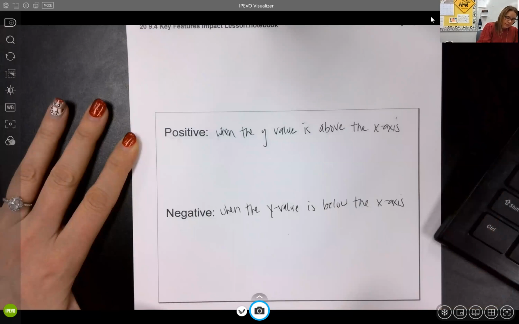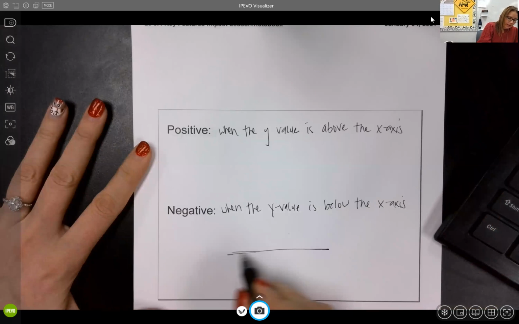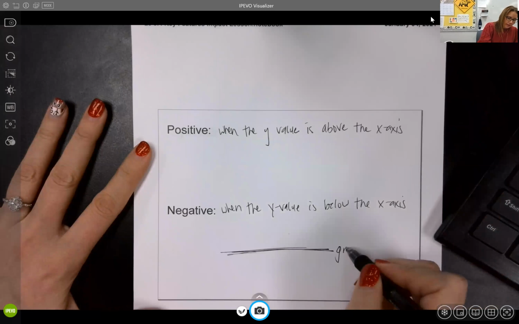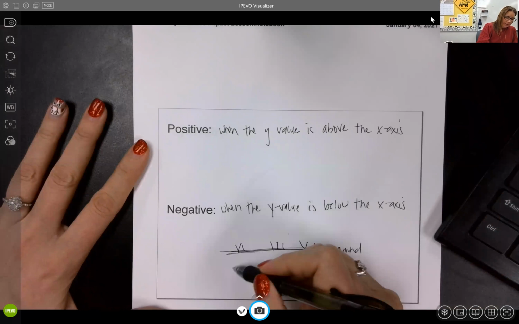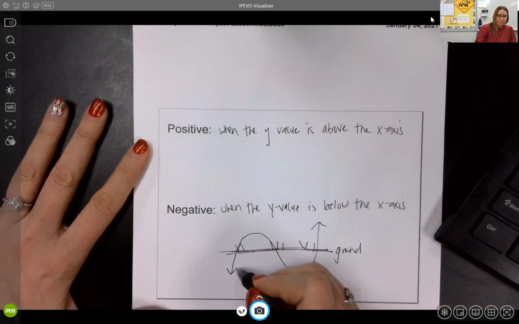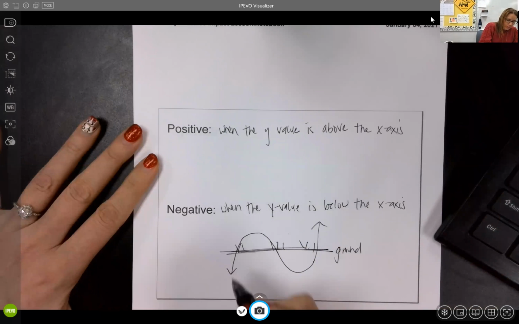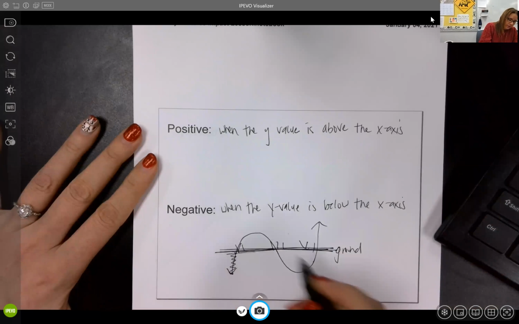I always think about this like the ground, okay? So I say this is my ground, this is my grass, okay? So if I have a graph that looks like this, part of the graph is going to be below the x-axis or below ground. So this would be negative.